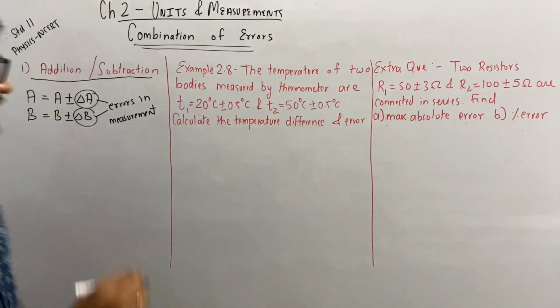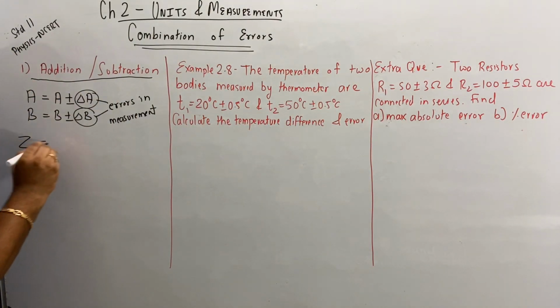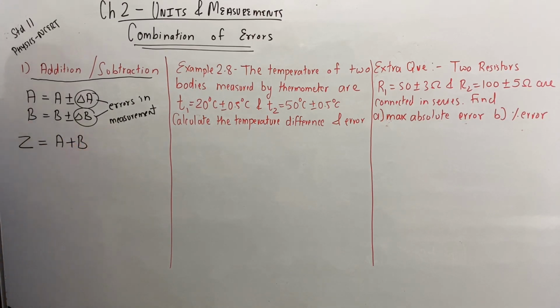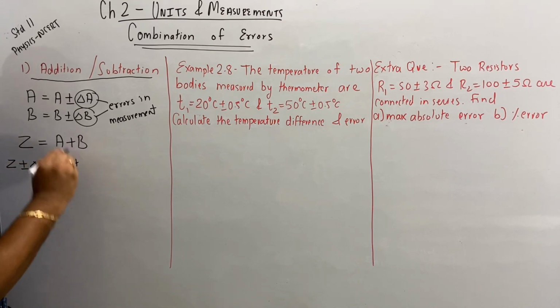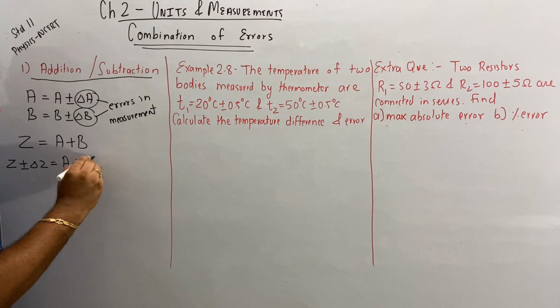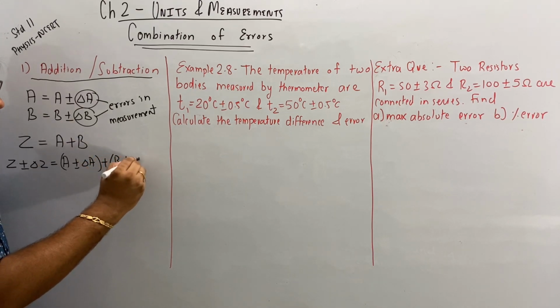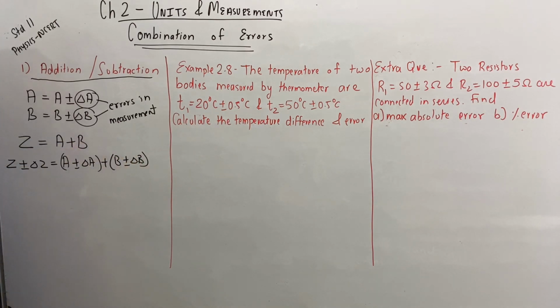Now let's say there is a quantity Z you need to find out, and its formula is A plus B. You had error in A, you had error in B, so you also have error in Z. So I can write Z plus minus delta Z, meaning Z plus minus error, equals A plus minus delta A plus B plus minus delta B. Why this plus minus?